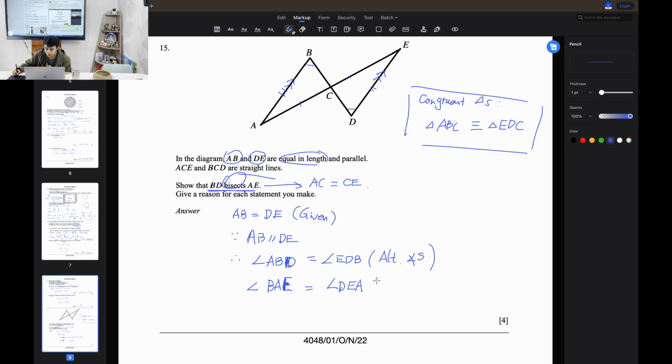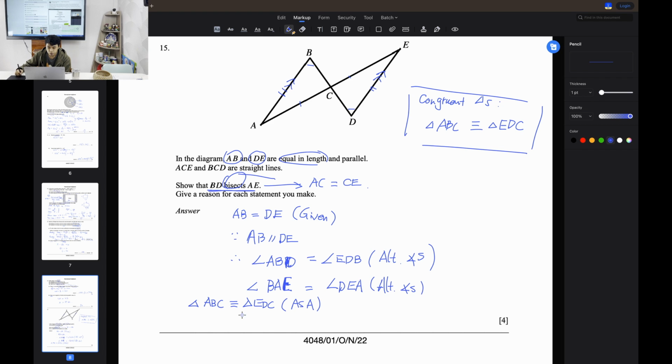Also alternate angles. So given this length and these angles, ASA, triangle ABC is congruent to triangle EDC. Okay, this is ASA.